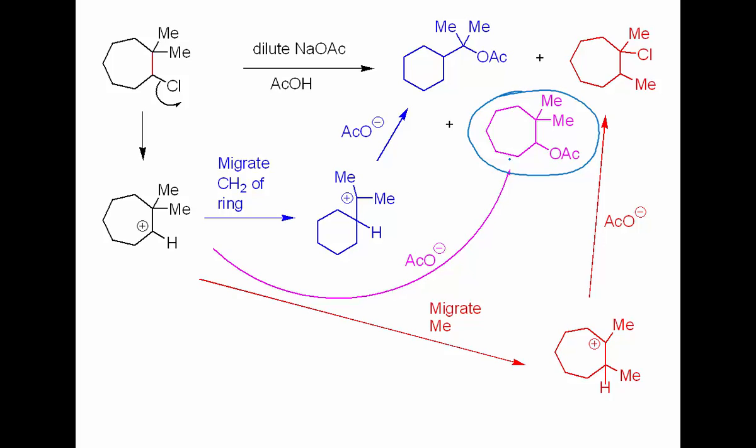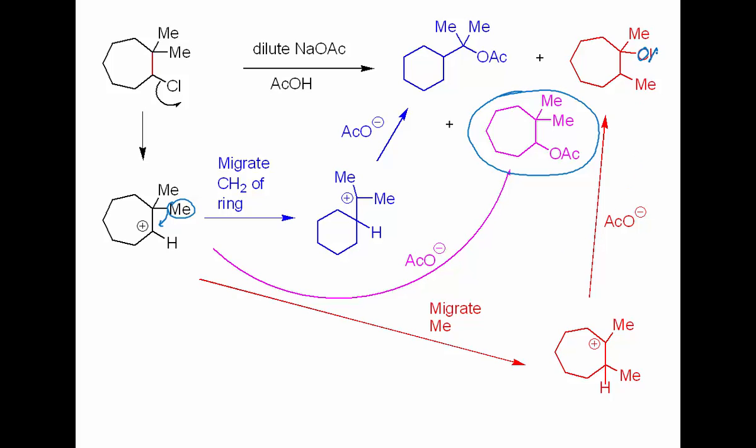Since it's a carbocation adjacent to a tertiary center, we can also migrate the methyl group here. And if we migrate the methyl group, that's now our carbocation. Our carbocation goes from secondary to tertiary, and we know that's a good process. And the acetate anion then reacts in the last step.